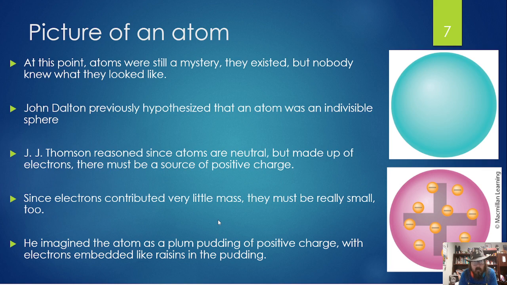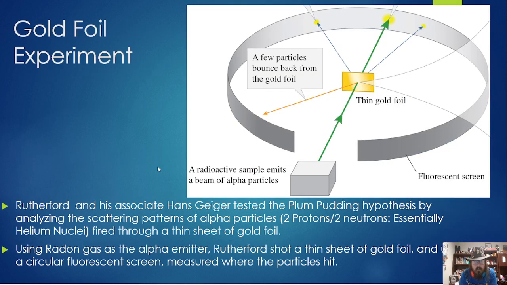Now, the reason why we talk about this is because even smart people get things wrong sometimes. Around nearly the same time, radioactivity is being discovered. People are finding out that certain elements will give off various radioactive particles, electrons shooting out, alpha particles shooting out.